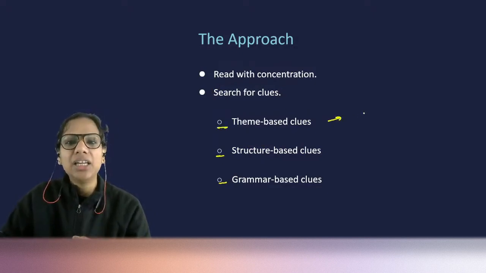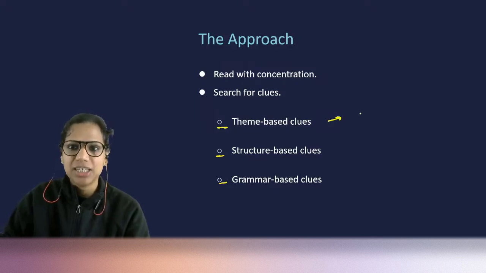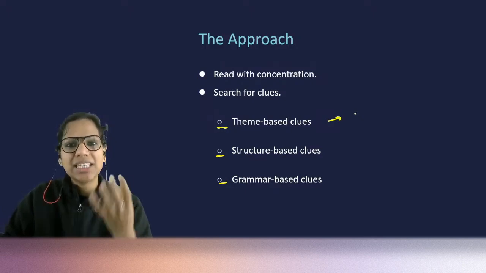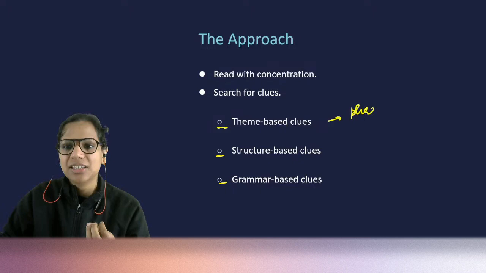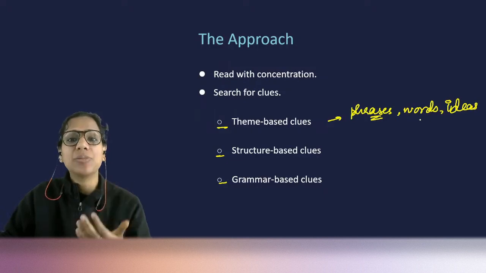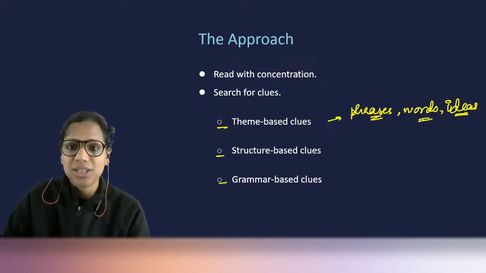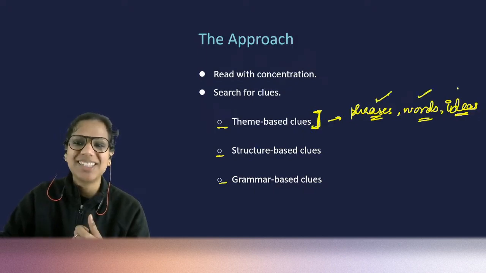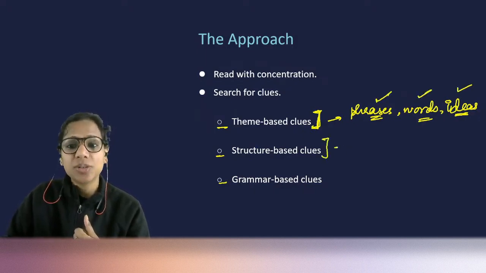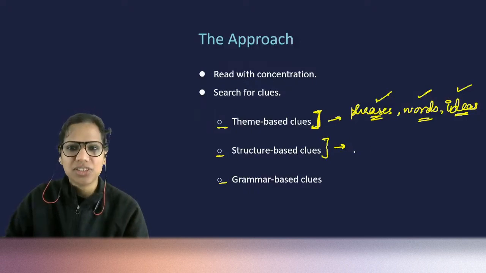Theme-based clues rely on what is being discussed. You will see certain phrases, words and ideas being discussed, elaborated on, or even contrasted with, so pay attention to such words, phrases and ideas. Structure-based clues depend on how my paragraph flows.